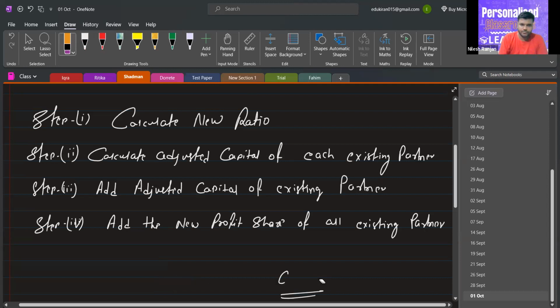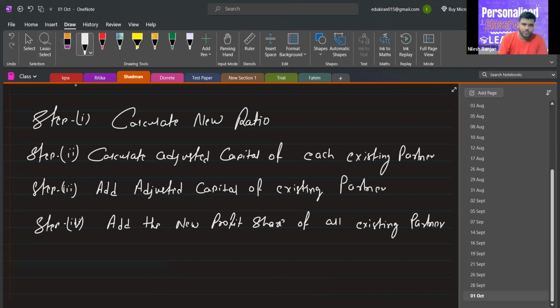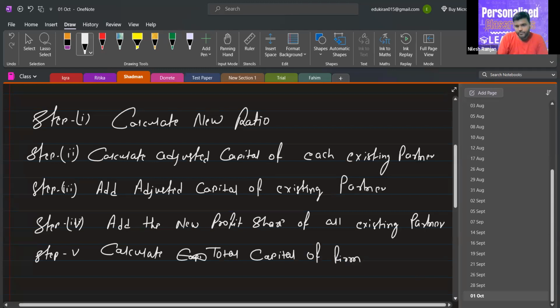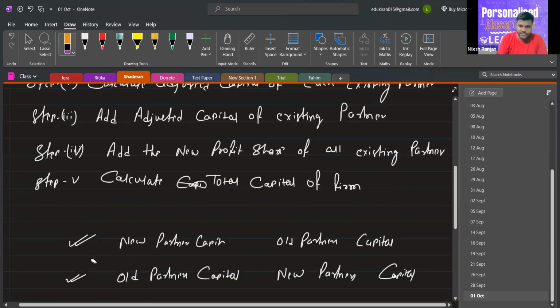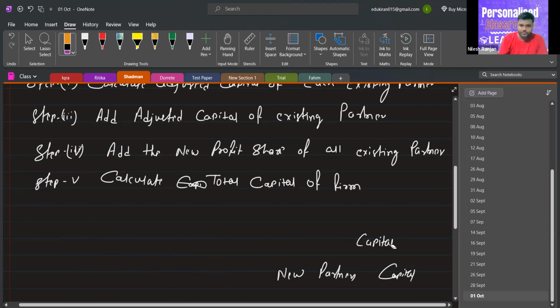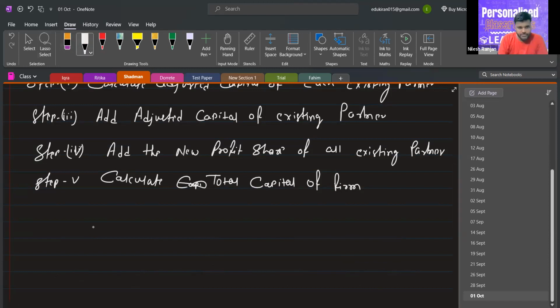Step 5 will be to calculate the total capital of the firm. Now, how to calculate the total capital of the firm? Total capital of the firm is the new partner's capital into the reciprocal of his share. That was the previous case. But in this case, we have to take the adjusted capital of old partners.